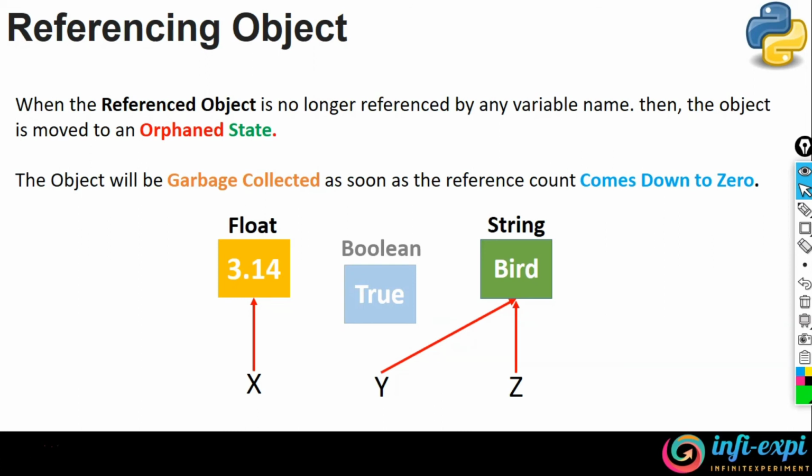That's the important term to be noted here. So if you look at this, the count is 0. That's very important. When your reference count comes down to 0, then the object is eligible for garbage collection.